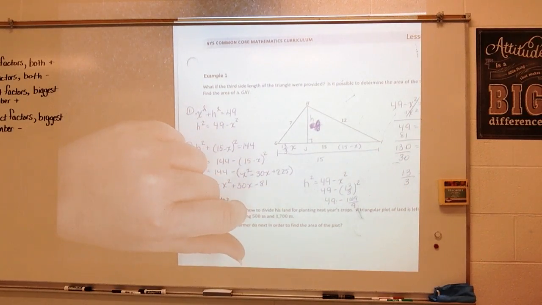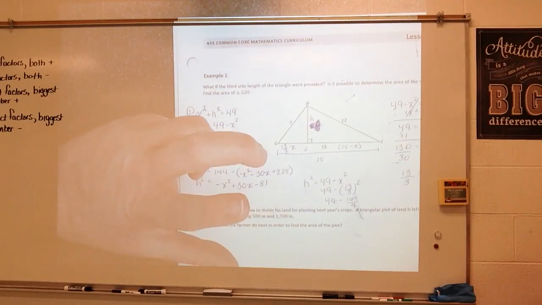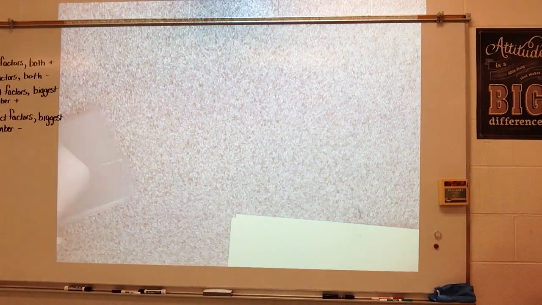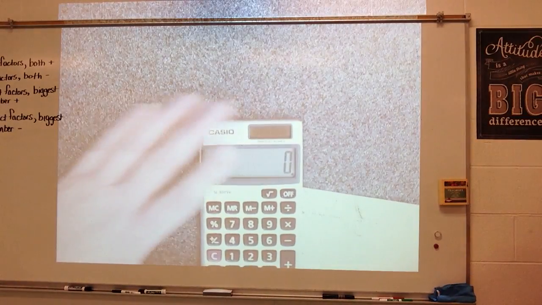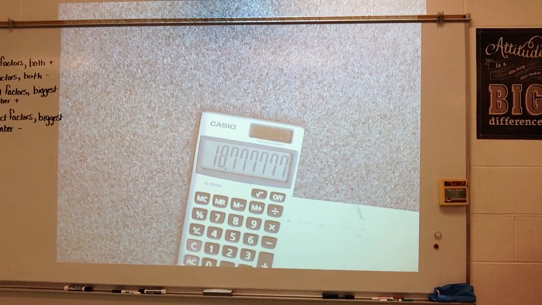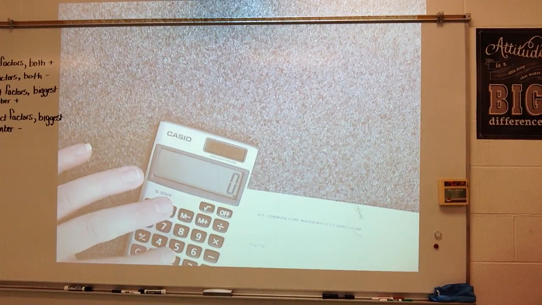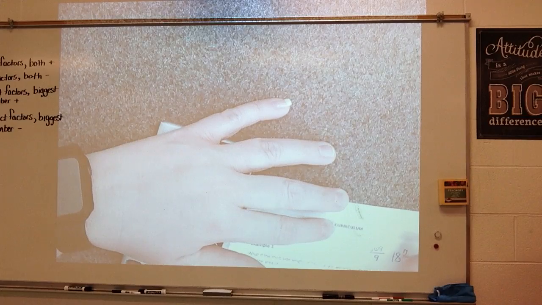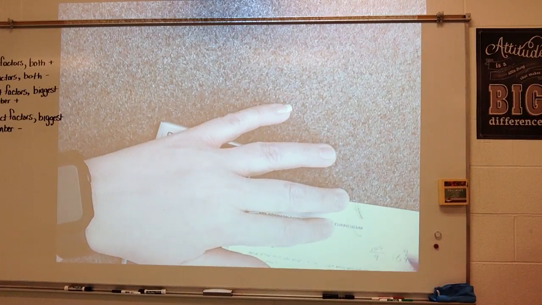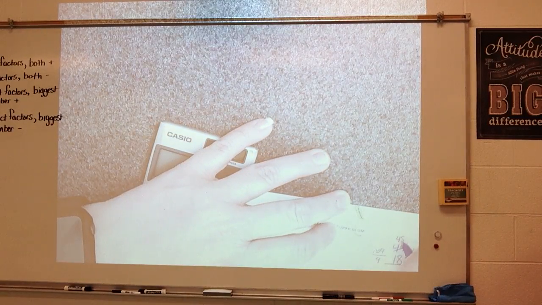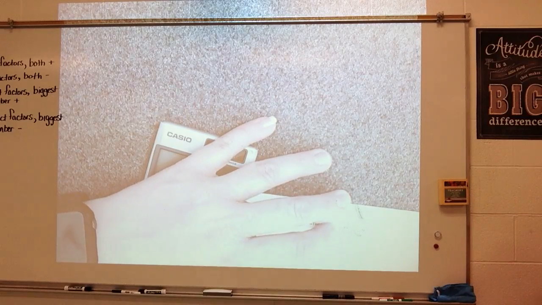Alright, if I work that out, let's just do this. 169 divided by 9 is 18. 18 times 9 is 162, so that's 18 and 7/9. I need to subtract that from 49. So I'm at 49, or 48 and 9/9.